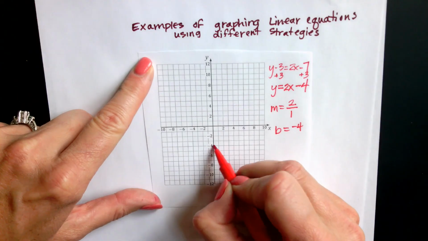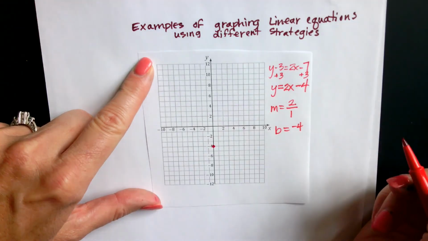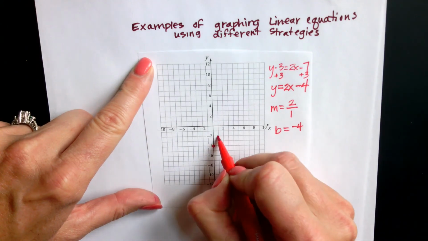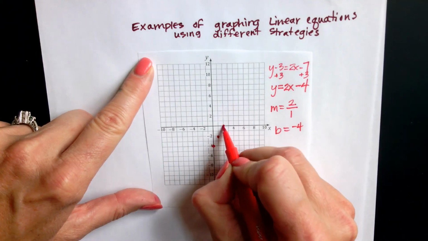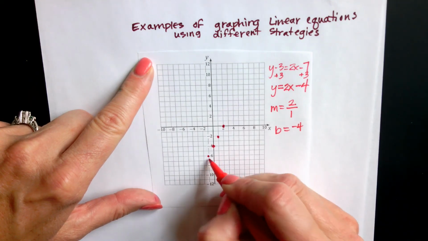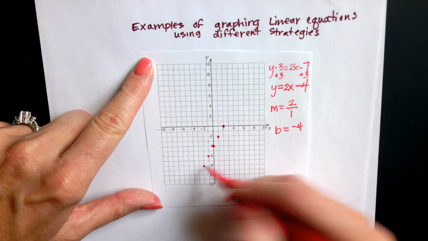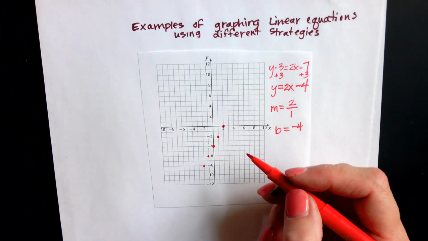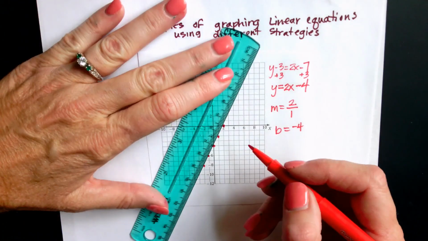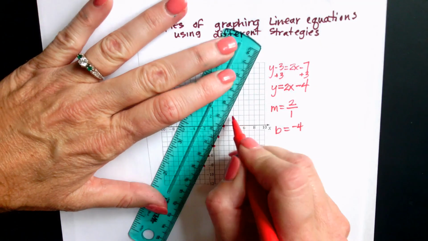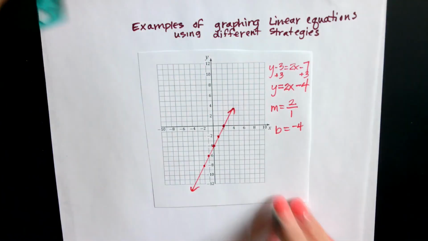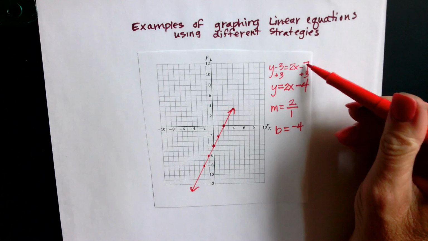So I'm going to plot my starting point at -4 on the y-axis. And then from there, I'm going to rise 2 and run 1. Or I could go down 2 and to the left 1. And the pattern would stay true. By plotting the y-intercept and then using rise over run, I've just graphed the line for this equation.